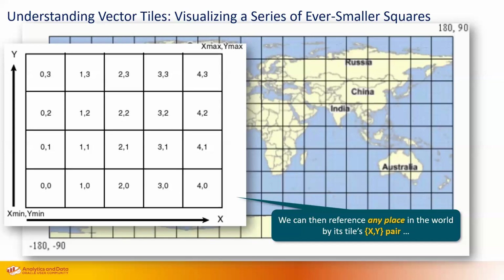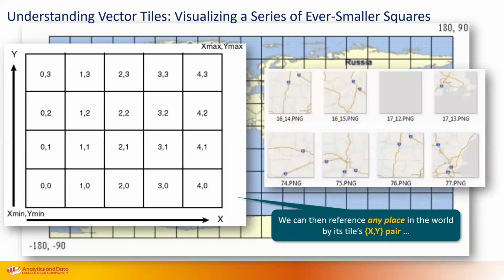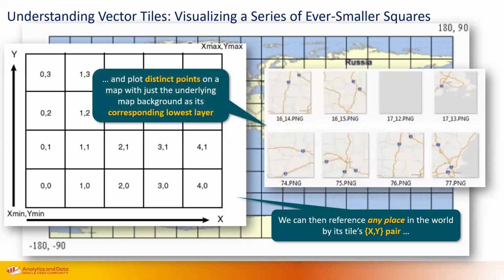If I know which square, and more importantly, which zoom level to look at, I know exactly where something is. And this concept actually is the tiles, as I'm kind of displaying them here. Think about that if you looked at them on a map, they would just be a series of squares.